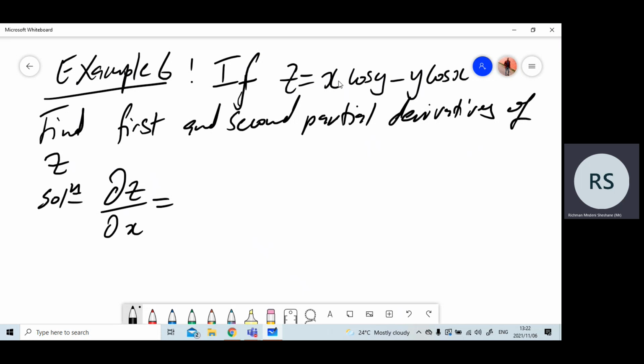So let's focus on deriving x. So it's going to be cos y minus, let's derive this with respect to x. We return y. So when you're deriving cos x, it's going to be sine. Okay.